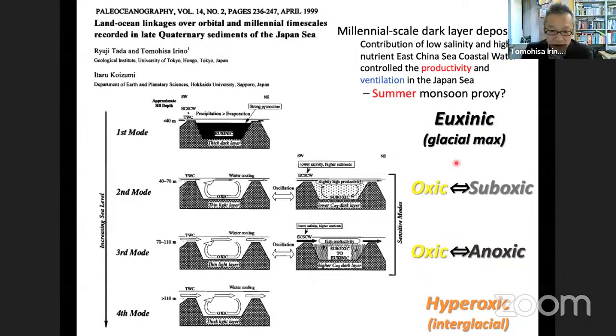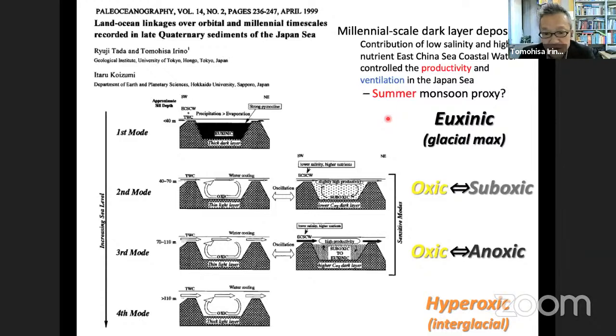Basically, the oceanic mode change is mainly controlled, we think, by the summer Yangtze discharge.